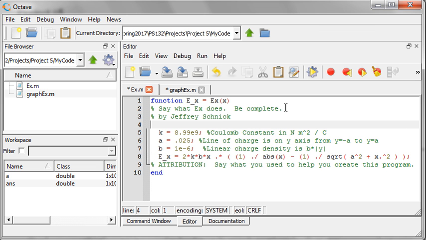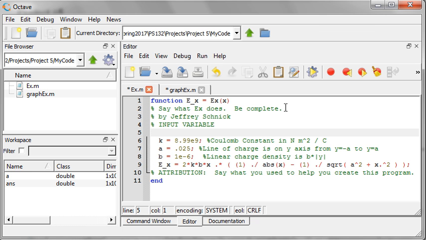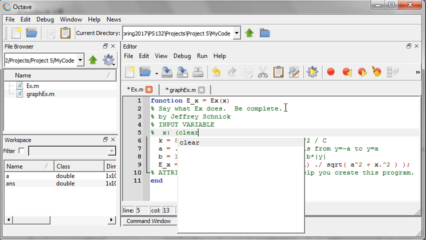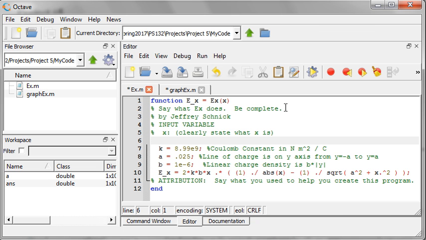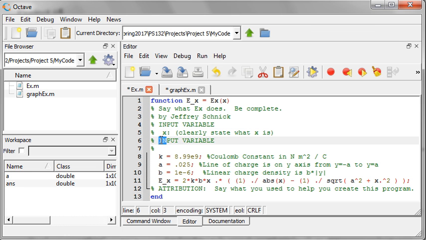And then percent input variable x, then you have to clearly state what x is, and then percent. I'm going to copy this.